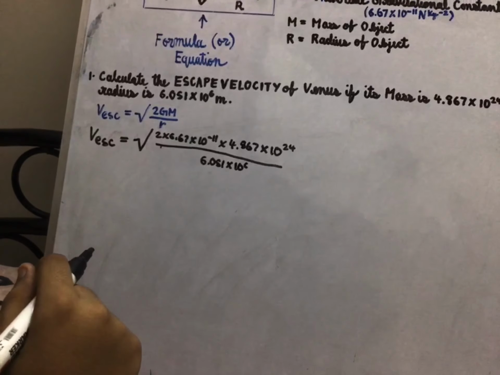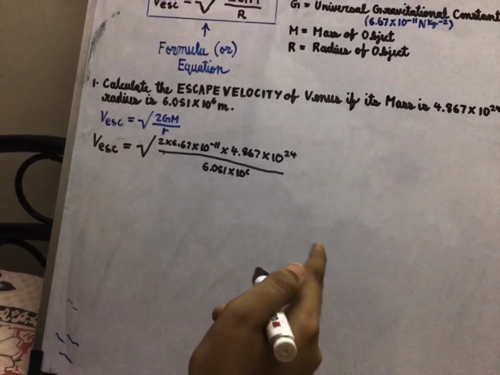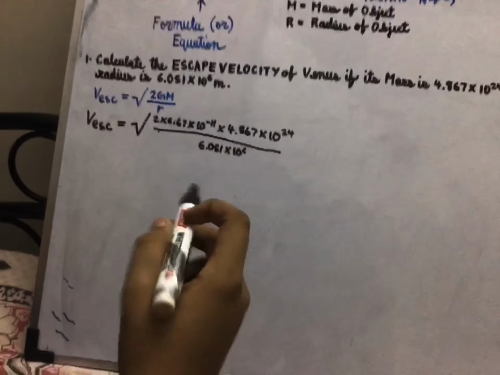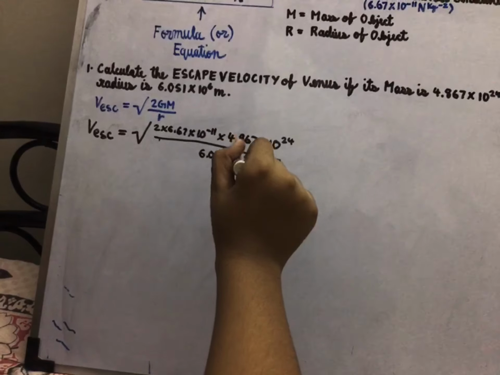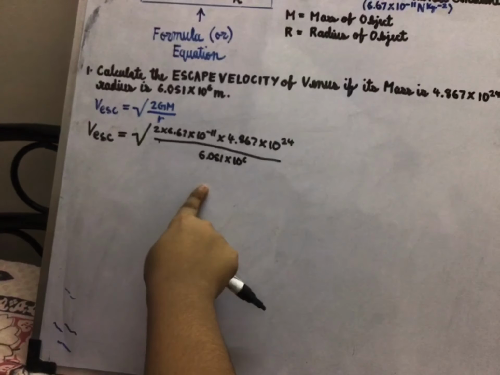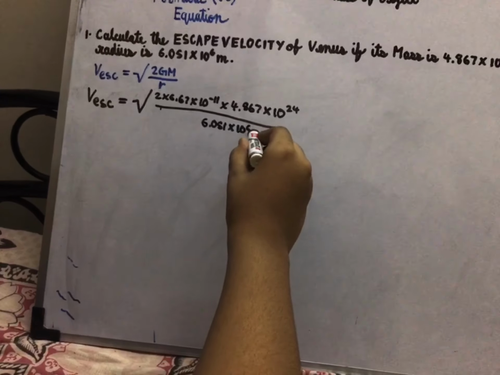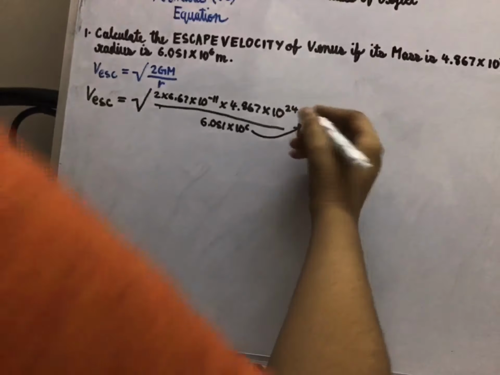So minus 11 plus 24 is 24 minus 11, as we all know. And when we take an exponent from the denominator to the numerator, it becomes negative.